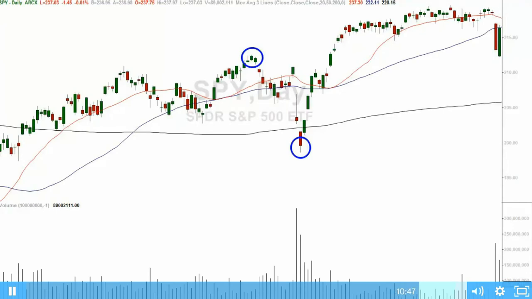Market symmetry would indicate that at some point in the future, based on this pullback here, the market should get to and likely find at least temporary resistance at an equidistant, meaning the mirror image on top. So if we added $14 to the area here, we come up with $226.39. So maybe it's 226, maybe it's 226.50, maybe it's 227, but in that neighborhood.